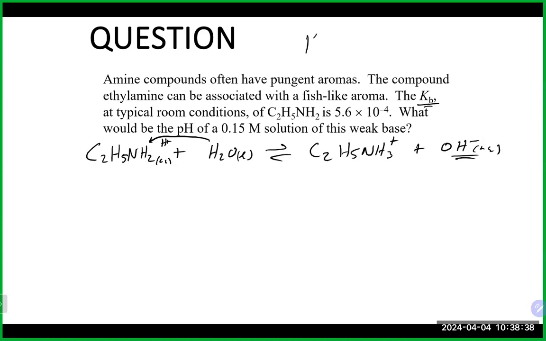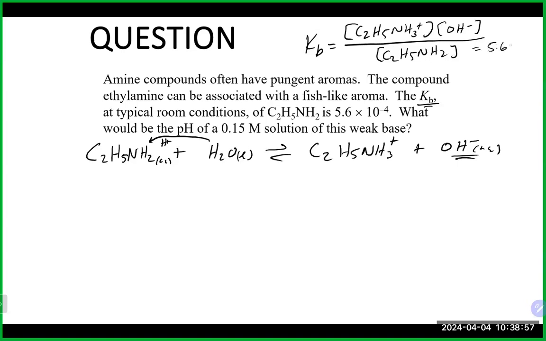We could also write our Kb, which will be our products over reactants, and that's going to equal our 5.6 times 10 to the minus 4. There you go.